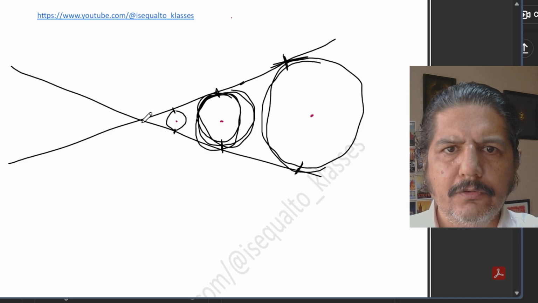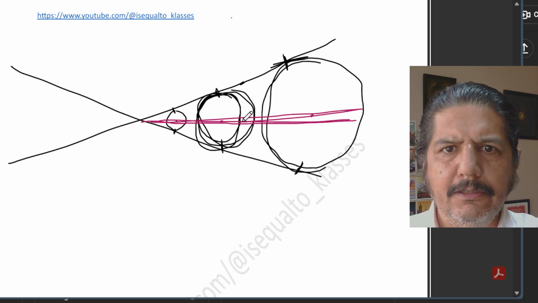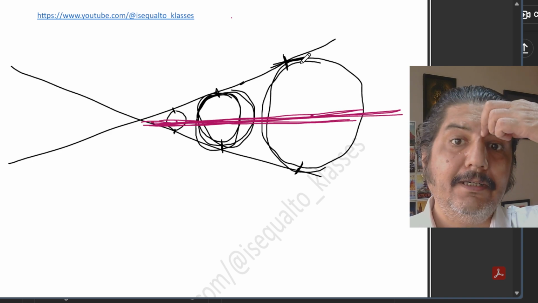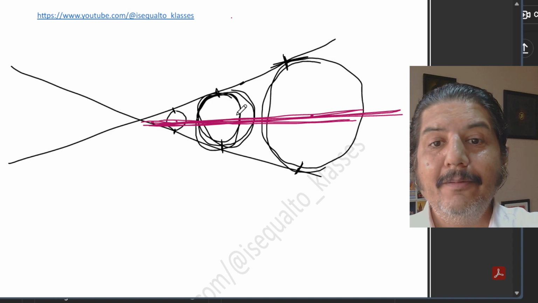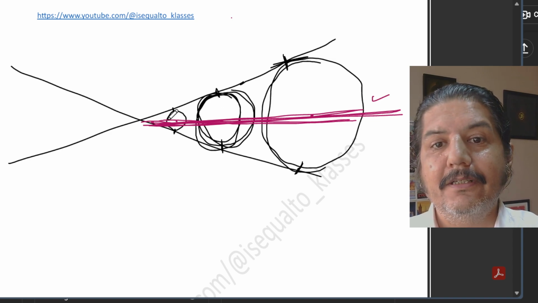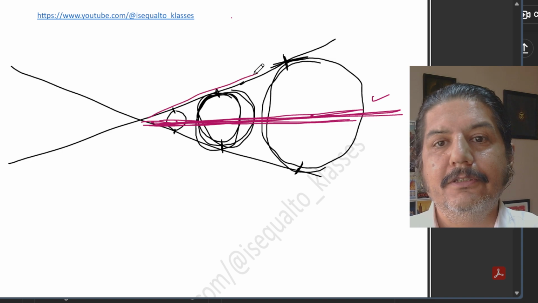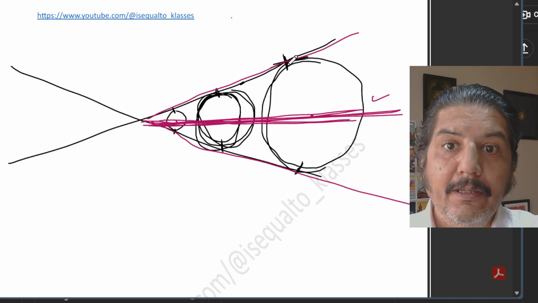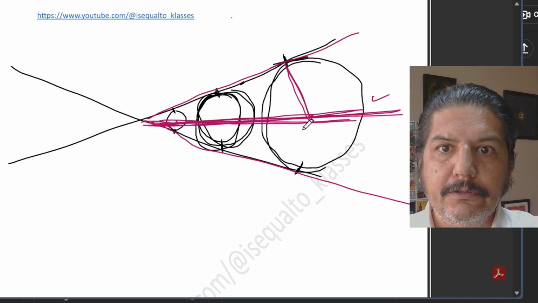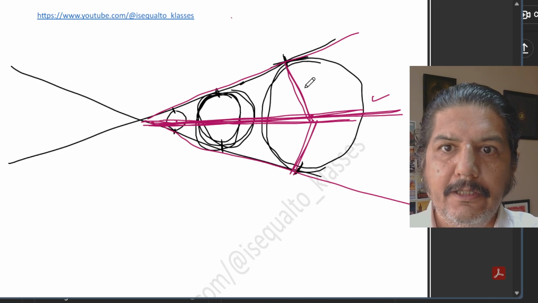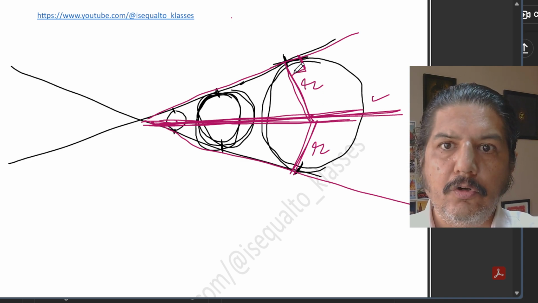Now if you look closely, if I join these, you'll understand that basically this line is the angle bisector of this line and this line. Why? Because this radius and this radius, this distance is equal, and a tangent and a radius form a 90-degree angle.